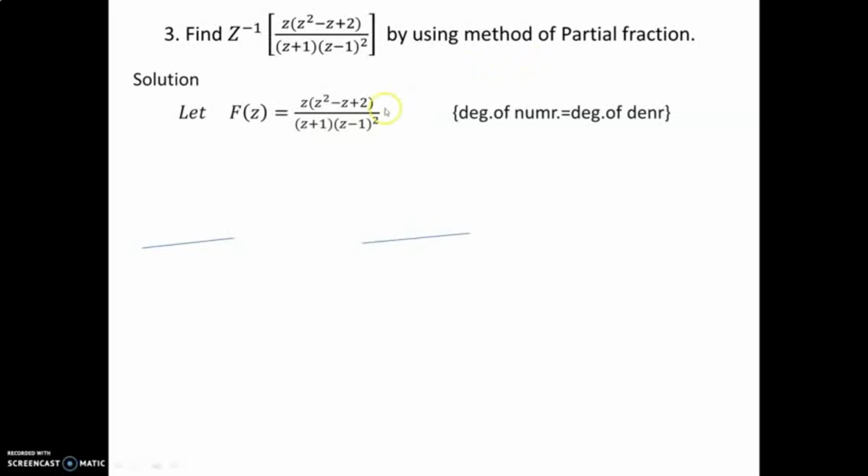Before applying the partial fraction, first we have to check whether the given function is a proper fraction or improper fraction. Here the degree of numerator is 3 and also the degree of denominator is 3. Therefore, degree of numerator is equal to degree of denominator. Therefore, the given function is an improper function. So we have to convert this function to proper function, and we apply the first option.